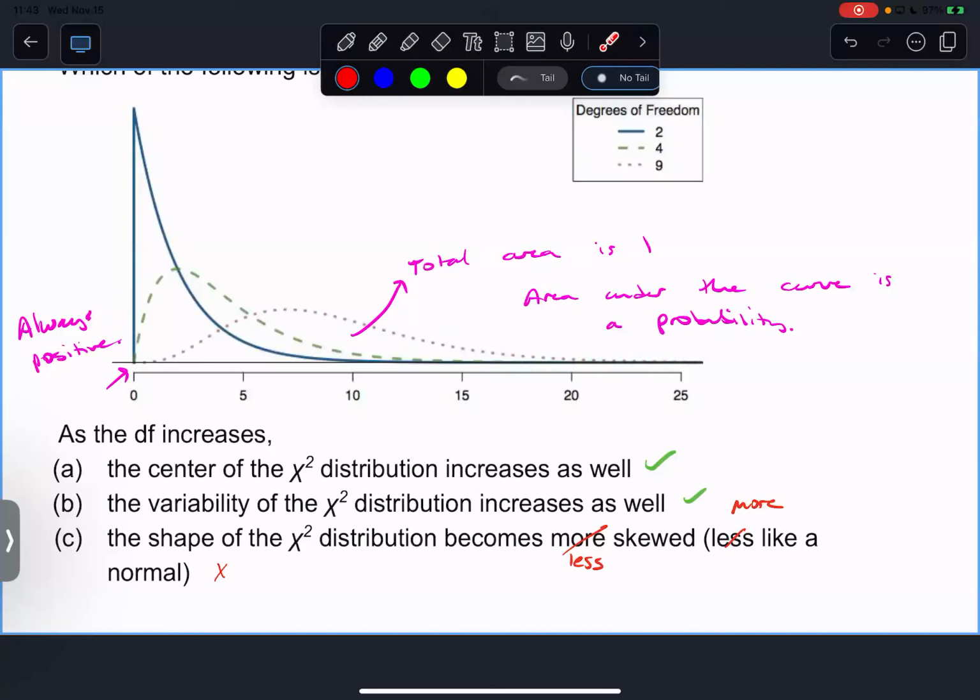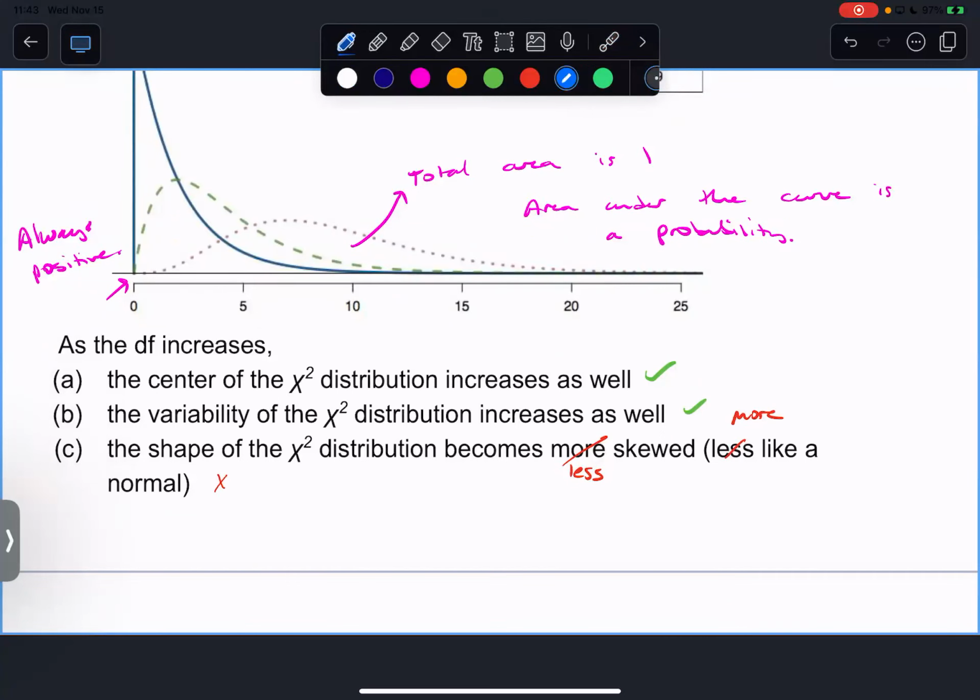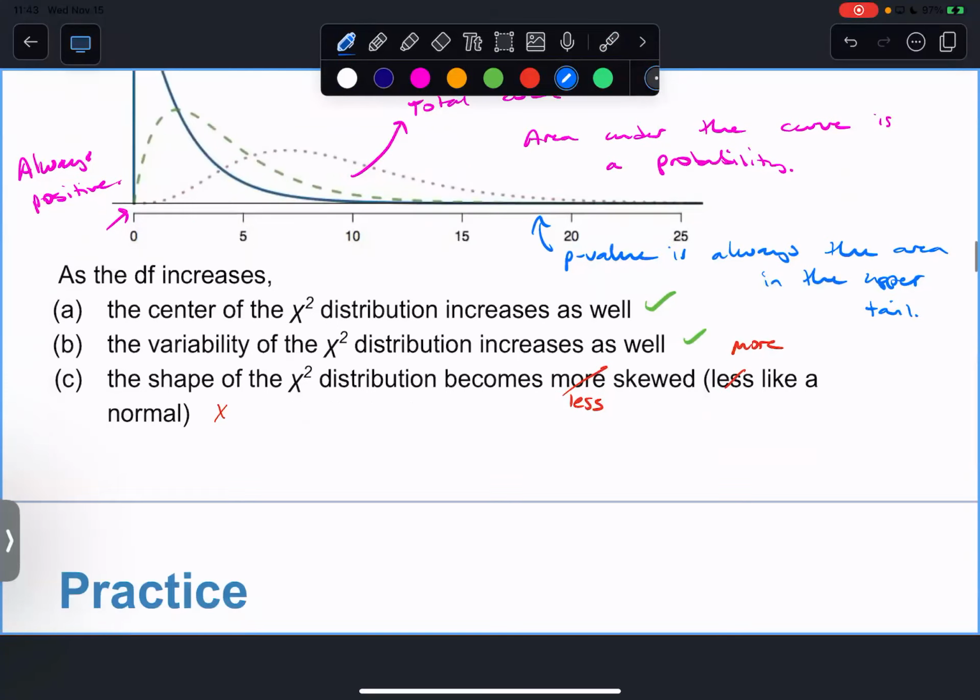Now we're only concerned about the upper tail. So the p-value, which is step 3 in our hypothesis testing, is always the area in the upper tail for a chi-squared, of course. But I think that goes without saying.